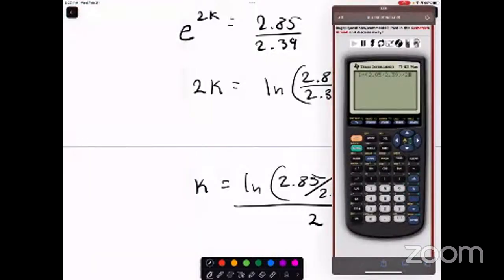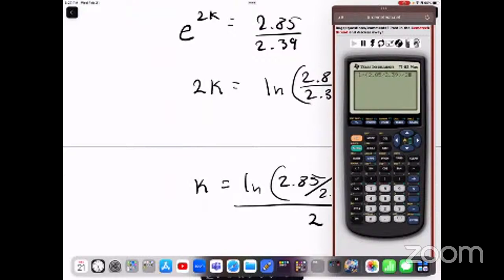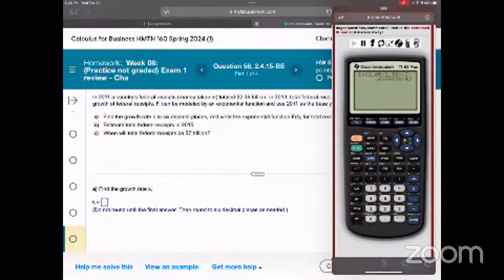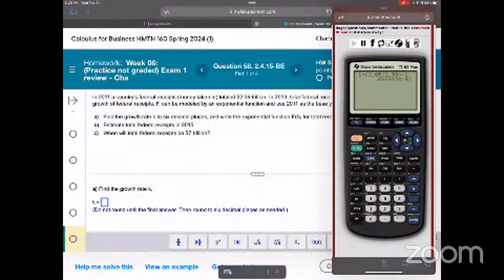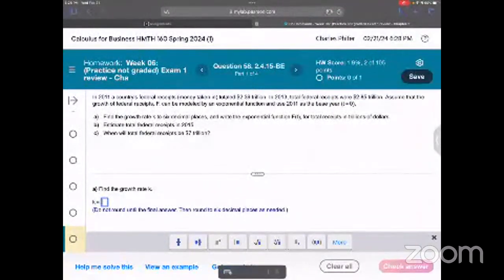Hit enter. Do not round it until the final, so round to 6 decimal places as needed: 0.088013.